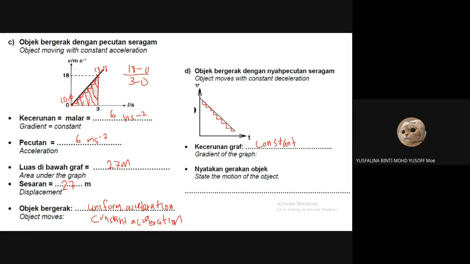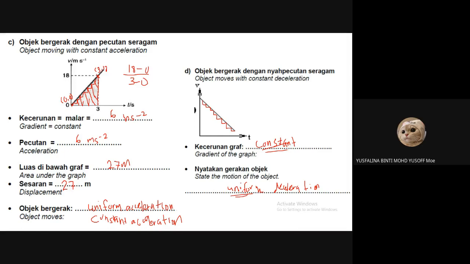But this one, the graph is decreasing, so the velocity is decreasing. So this one we call it as a uniform deceleration. Since the graph is decreasing, the velocity is decreasing. We call it uniform deceleration, uniform because the gradient is constant.